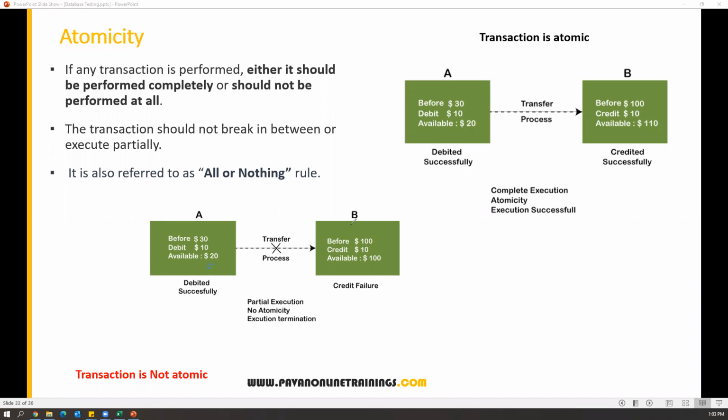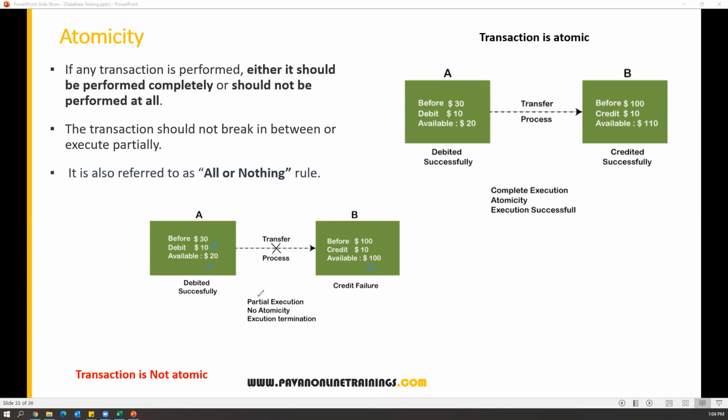Now when you check the B account, B initially had 100, and this $10 should be credited to B's account. After crediting, it should become 110, but the available balance is still showing only 100. That means the transfer process failed somewhere. This is a partial transaction, and as per the atomic property, it should not be allowed. These types of bugs we need to find as part of database testing.